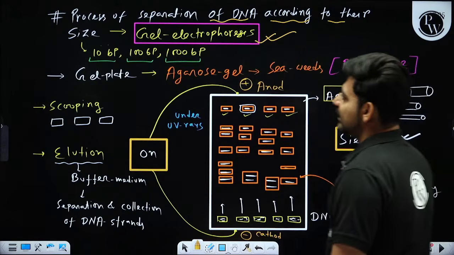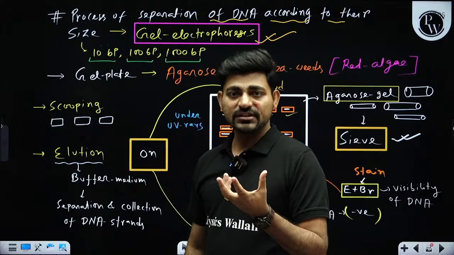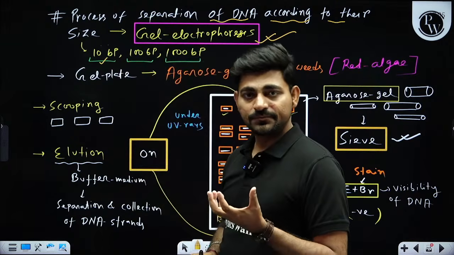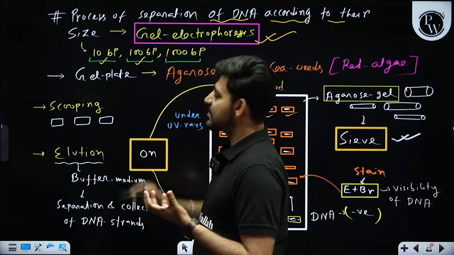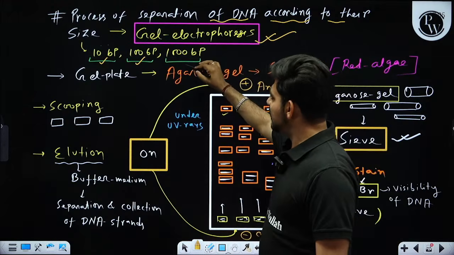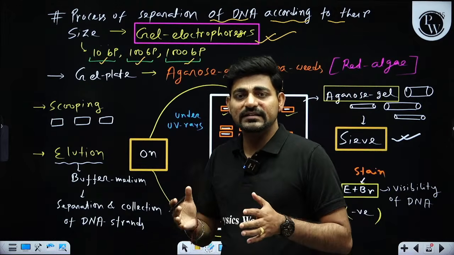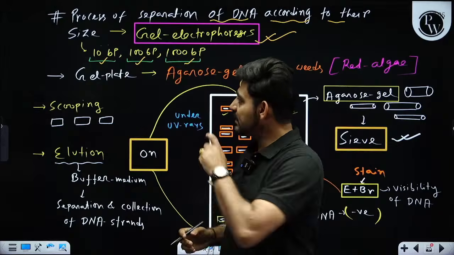Suppose you have a mixture of DNA where a few DNA pieces are of 10 base pair, a few are of 100 base pair, and a few are of 1000 base pair. So, how are you going to separate them based upon their size?